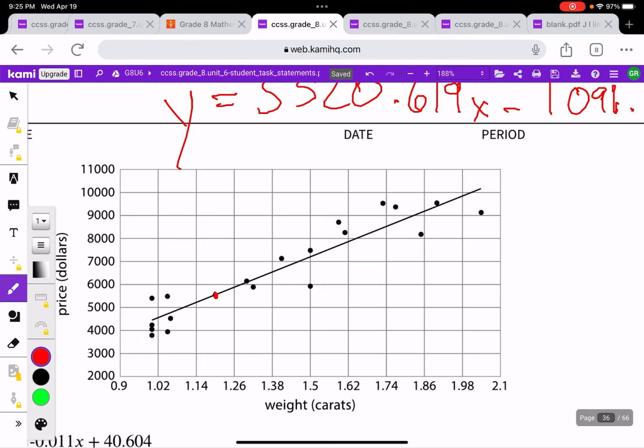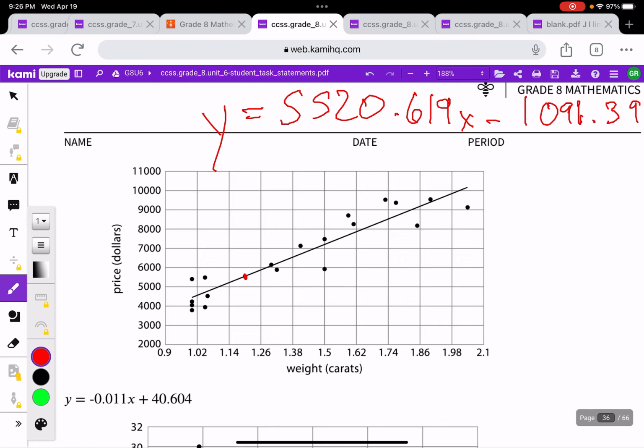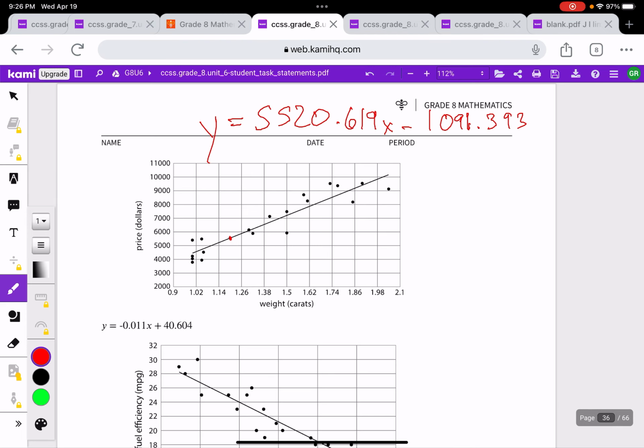But even then, I don't know exactly what that is. It looks like it's roughly 5,500, and it's roughly 1.2 something. But I realized to calculate rise or run, you need actual exact numbers. We don't have that.